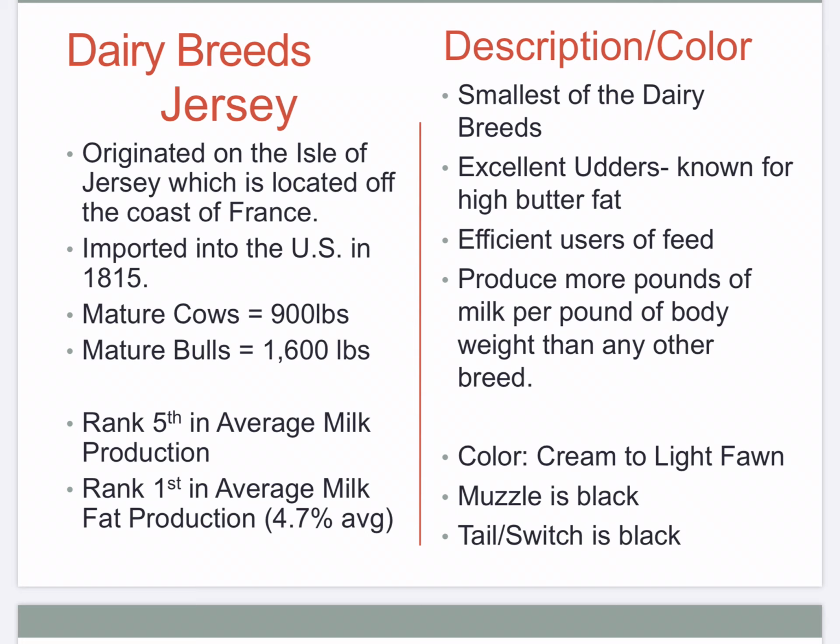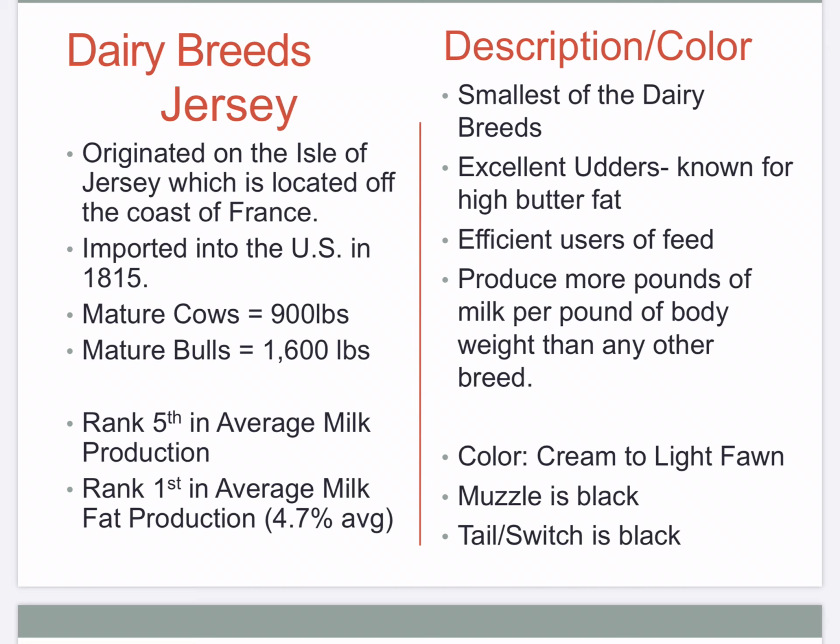So it says to put the breed name, color and spot patterns, the ranking, facts, cows equal how many pounds, right? So this mature cow is 900 pounds, the bull is 1,600 pounds.